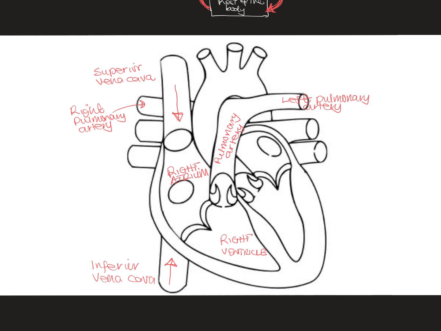Blood that is returning to the heart from the lungs comes through these structures. Okay, these are called the pulmonary veins, and you have 4 of them. Here you have 2 of them, and you have the other 2 shown here, but they open in the left atrium.